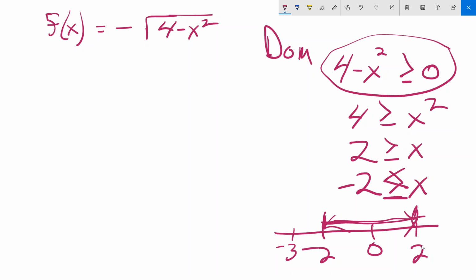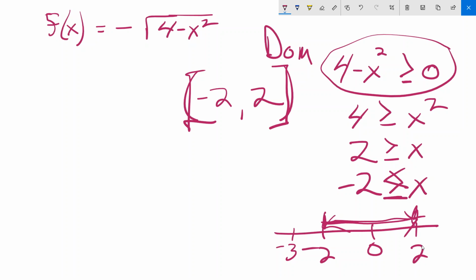Do you know how to put that domain in interval notation? Yes, it'd be like a bracket or a parentheses. Yeah, you're right. It is a bracket because it can be equal to minus 2 or 2. Yes, negative 2, 2.